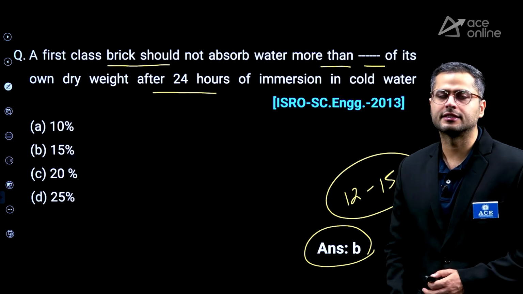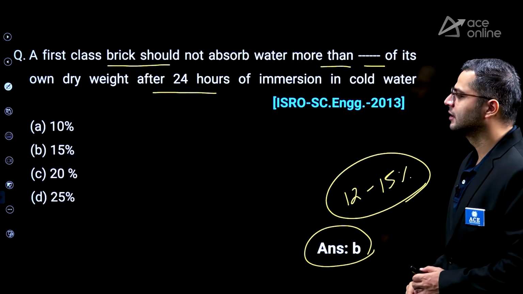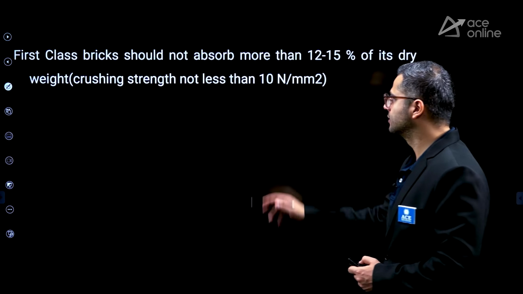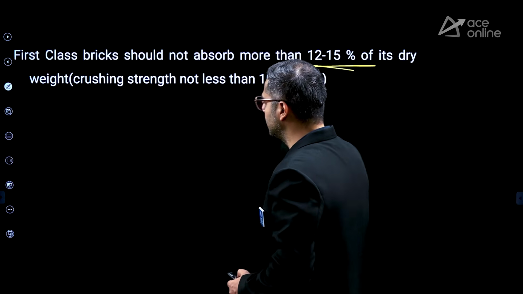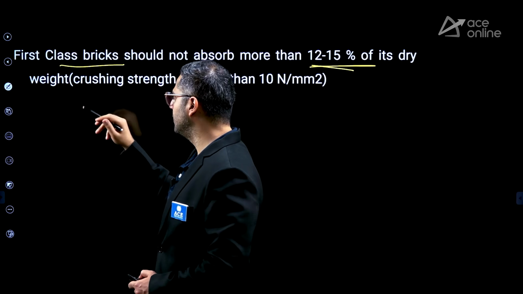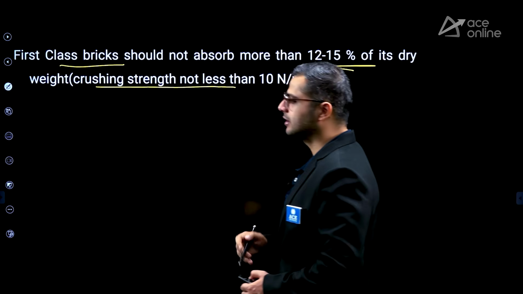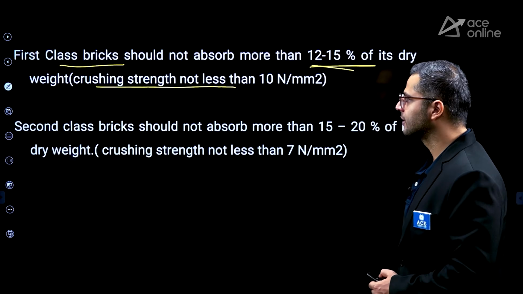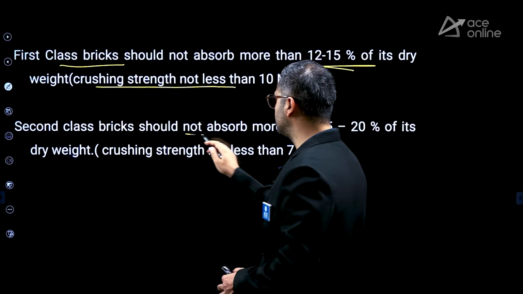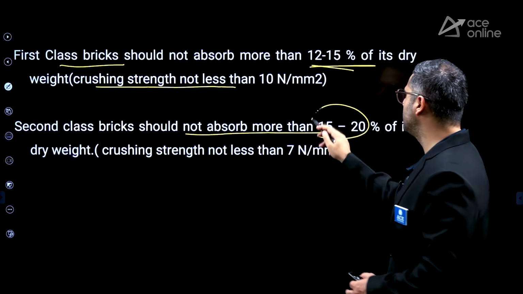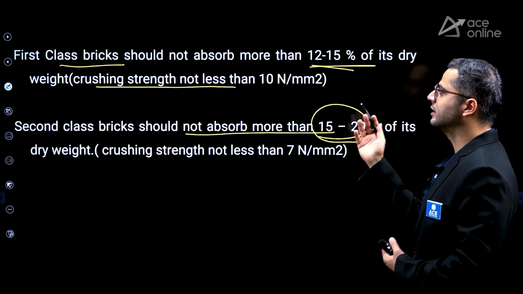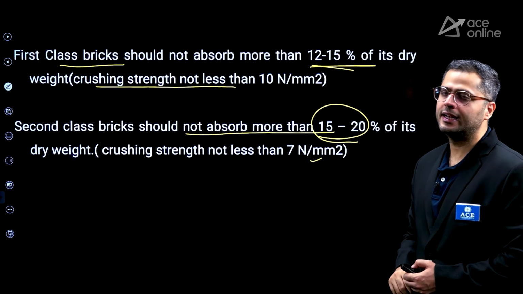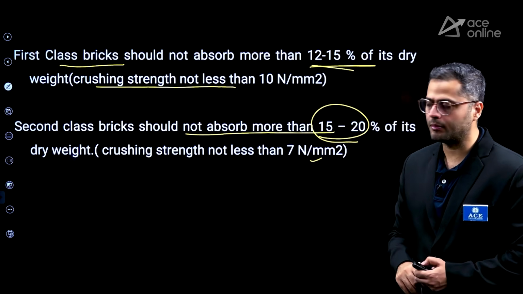So keep this in mind, 12 to 15% water absorption for first class bricks. The crushing strength is not less than 10 Newton per mm square. Second class bricks should not absorb more than 15 to 20%. Beyond that, it is a second class brick. Crushing strength shall not be less than 7 Newton per mm square.